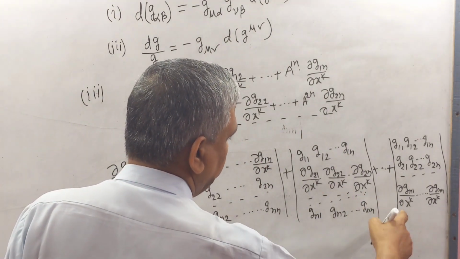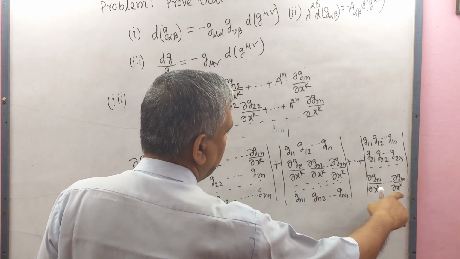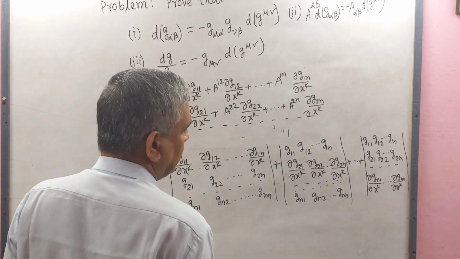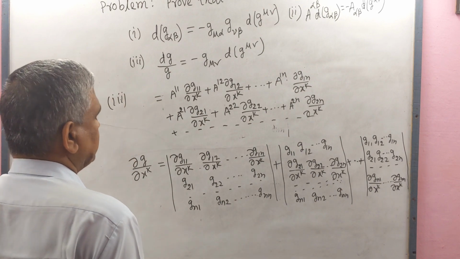In this case we take the nth row and multiply with its cofactors.